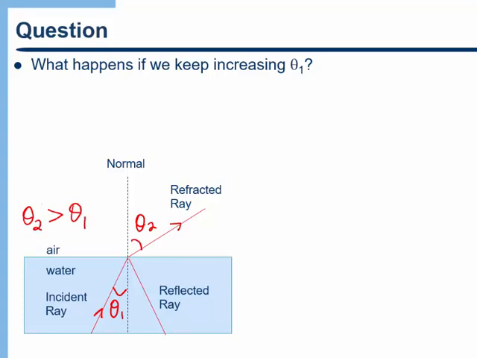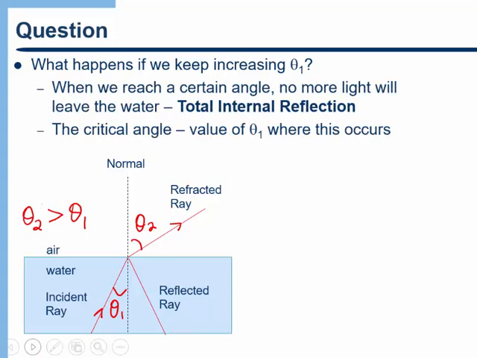So now think about this question. What happens if we keep increasing theta 1? Well, since theta 2 is always bigger than theta 1, there's going to be a point where theta 2 is equal to 90 degrees. And when we reach that certain angle of theta 1, so that theta 2 becomes 90 degrees, then the light no longer can leave the surface.